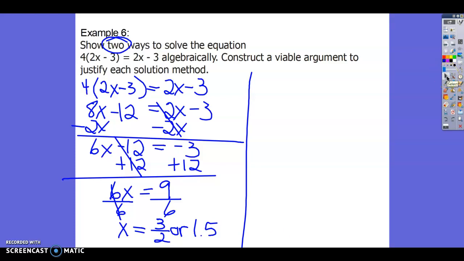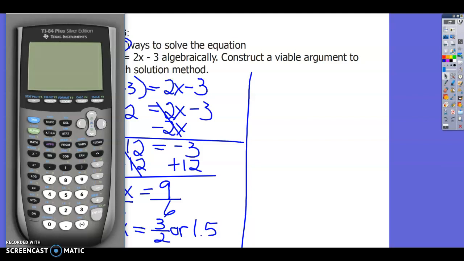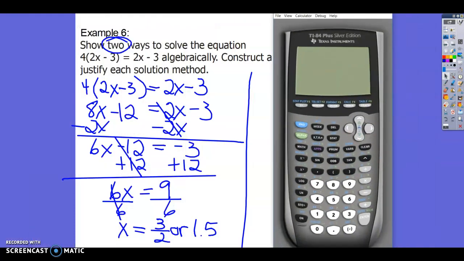I'm running out of time, so I don't want to spend too much time on this. If I go to y equals, I'm going to put in 4 parentheses 2x minus 3, and then I scroll down, and 2x minus 3, and hit graph.